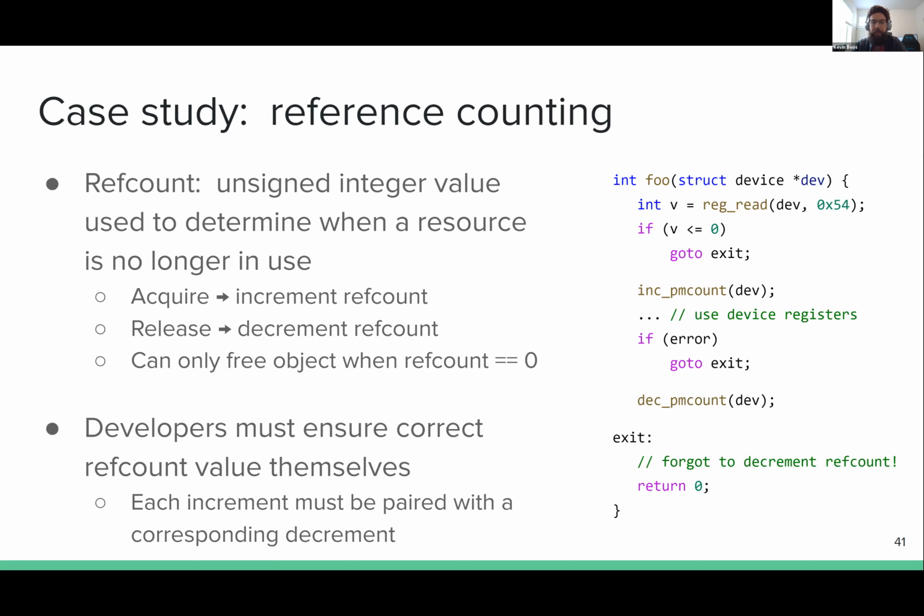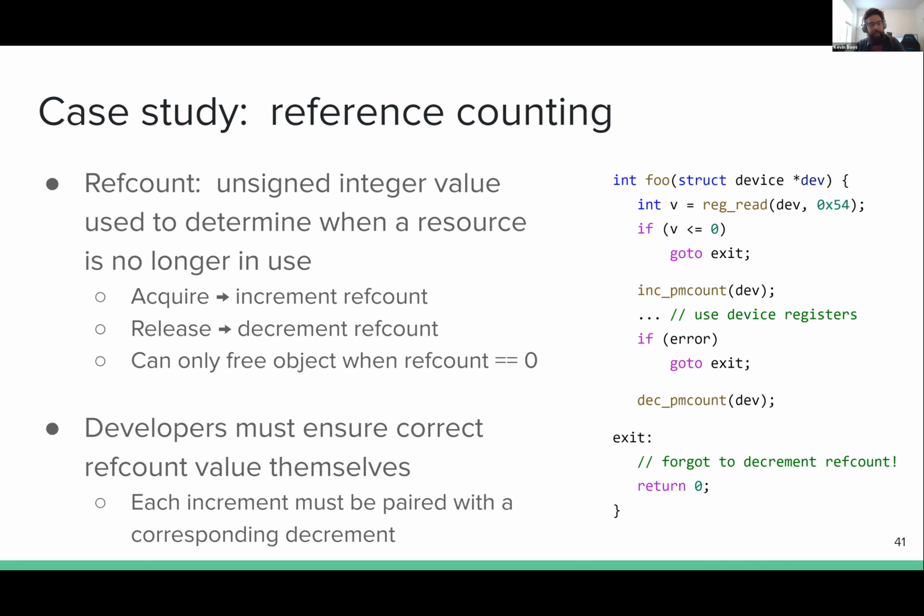It's a structure that includes a reference count itself, which is an unsigned integer, and some functions for acquiring and releasing that object, which basically just means incrementing and decrementing the ref count. The idea is that you can only free, for example deallocate, that object when the reference count is 0, because that means nobody is using it, right? This is kind of how garbage collectors work, but they're a lot more complicated.